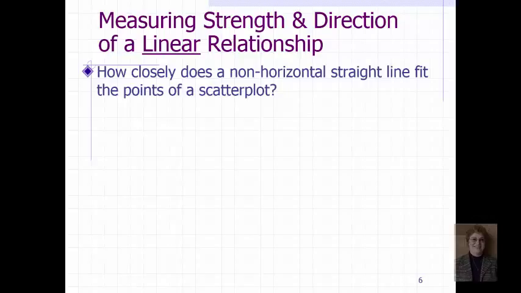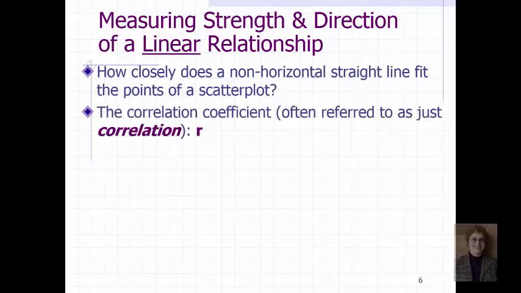But we want to see how close our points are to a straight line relationship. And what we do is we calculate the correlation coefficient when we do that. A lot of times this is simply called the correlation, and the symbol that we use for this is R. Sometimes it's called Pearson's correlation coefficient or Pearson's product moment correlation, but we use the symbol R.